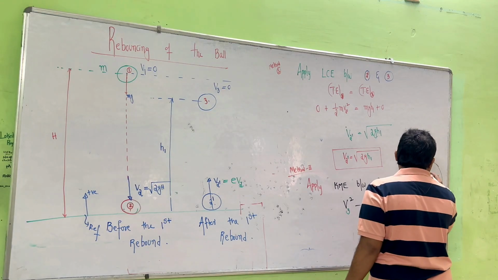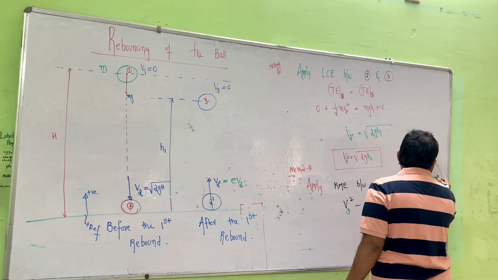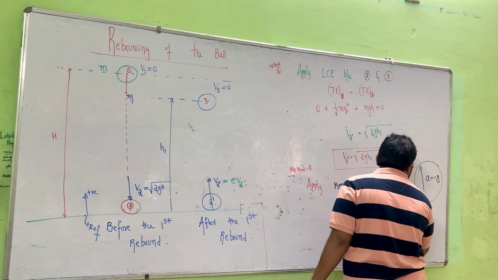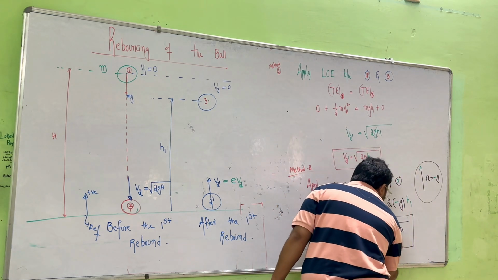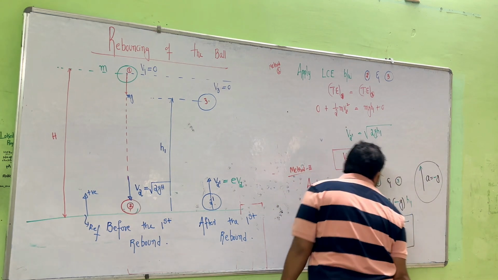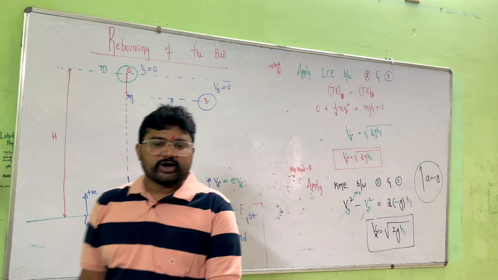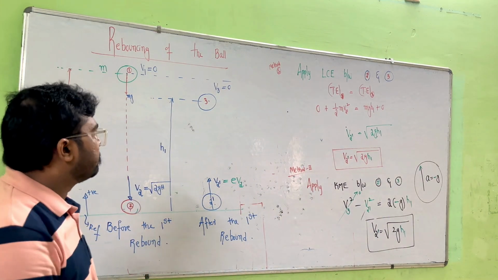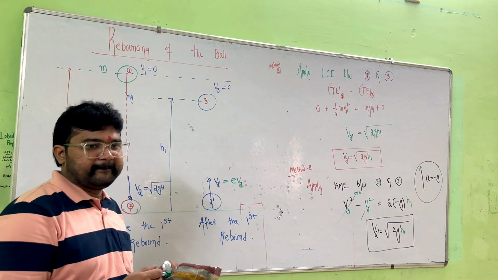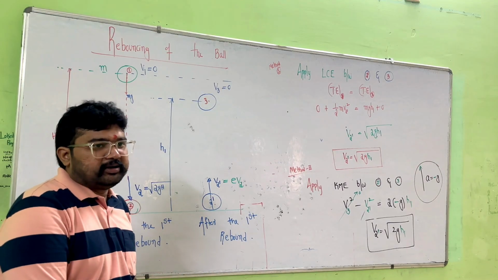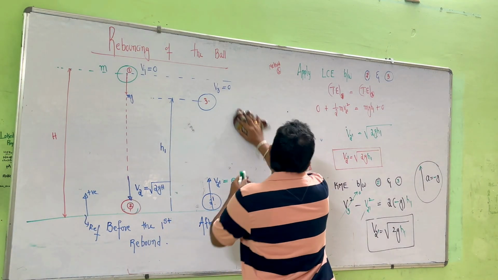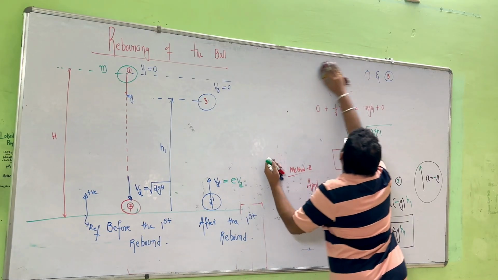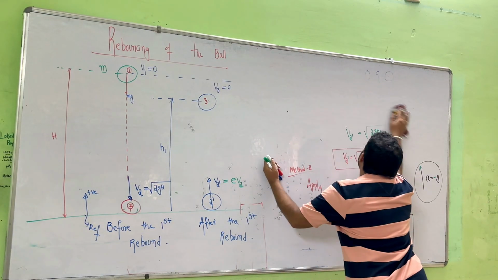Minus g, moving up, that is minus g, with h1. v3 equals 0 there. v2 dash squared equals 2gh1, so v2 dash equals square root of 2gh1. Clear or not? Now coming to, completed, here to here.